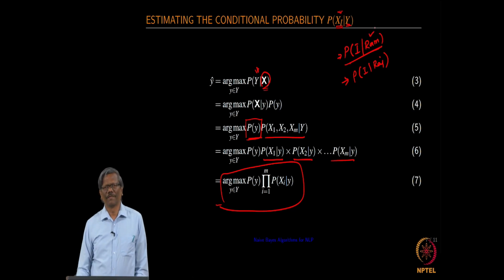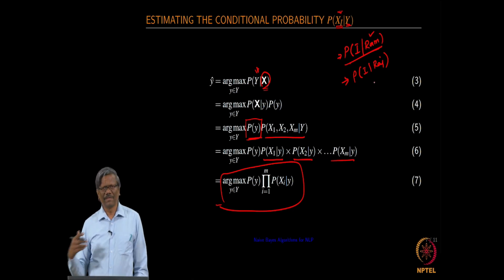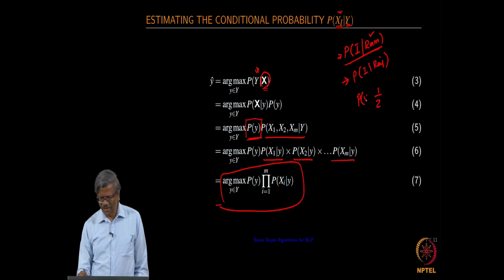So, since we are going to be having only 2 classes here, and then the sets of emails are the same, we have P of y equal to half. Okay.